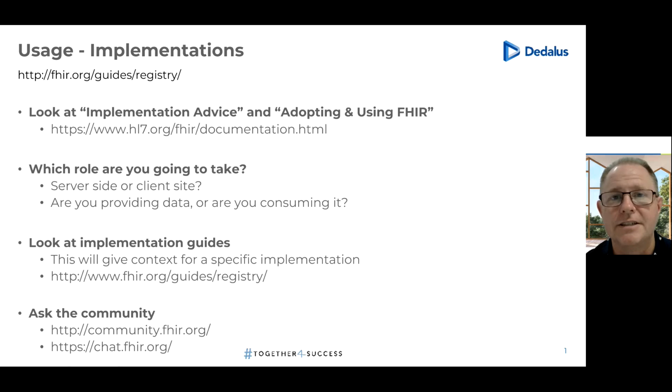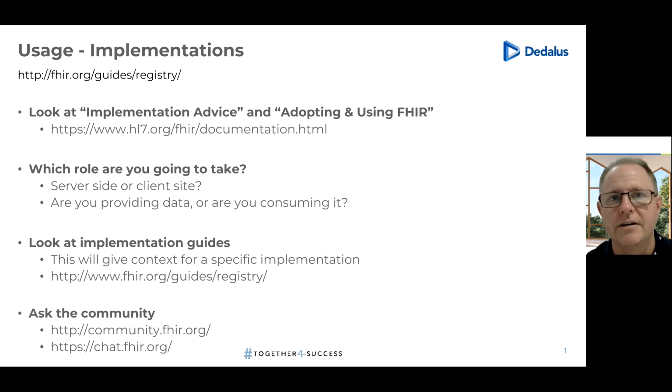Also look at implementation guides that are out there. They're a great resource of things that people are doing around the globe to solve real-world interop challenges, and they're quite targeted at specific implementations, whether that be the work that's happening in the US around Argonaut, the implementation guides there.